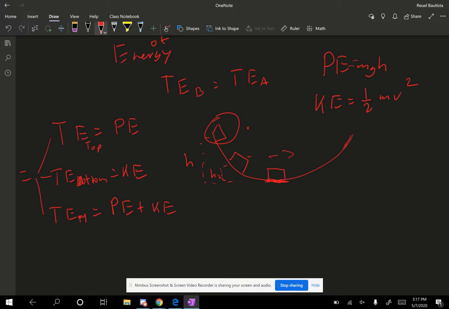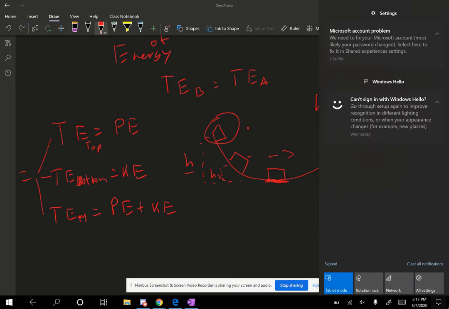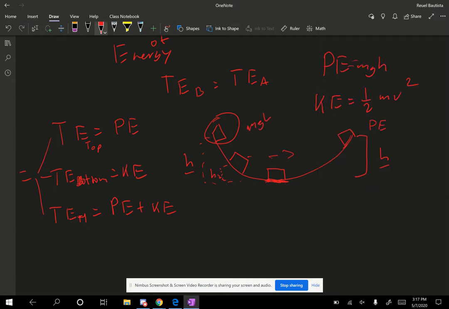Height. Good. It's going to have the same height as this. This height and this height are going to be the same. Once it reaches this point, it's going to have just potential energy, or gravitational potential energy. So that means the total energy, this mgh, is the same as this mgh.